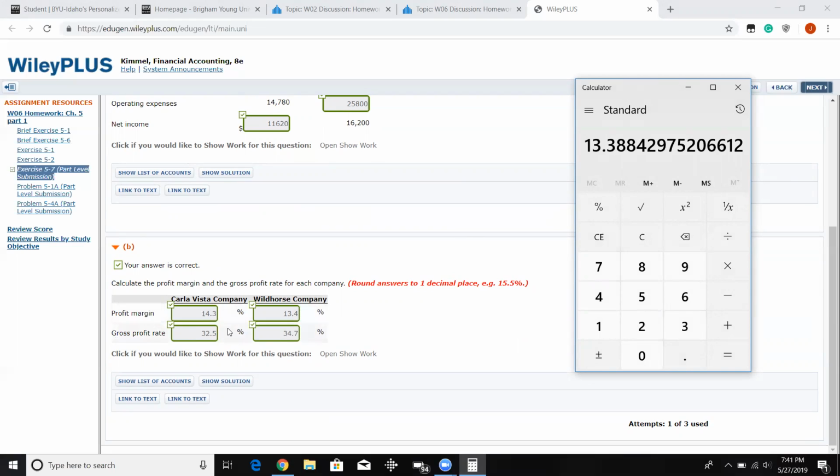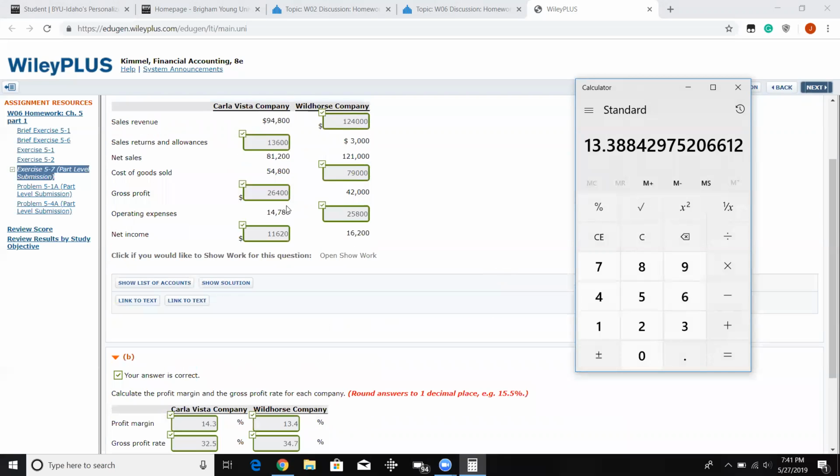The last part of this is our gross profit rate. In order for us to get our gross profit rate, yep, you guessed it, we're going to take our gross profit and divide it by our net sales.